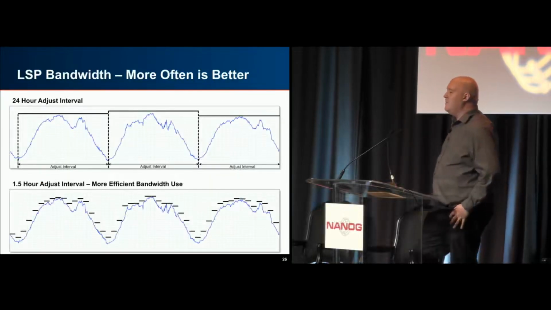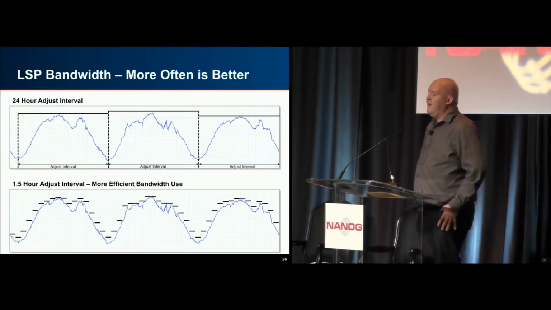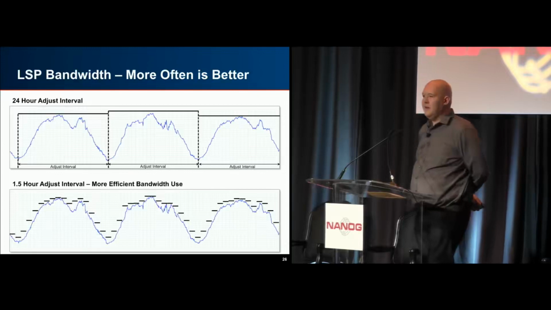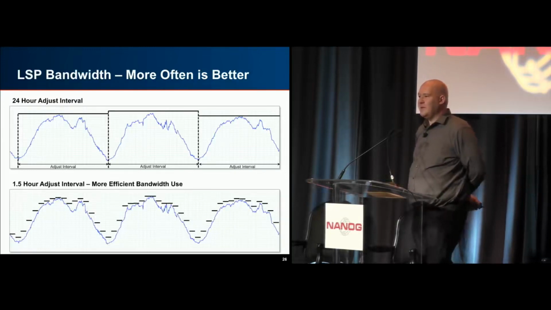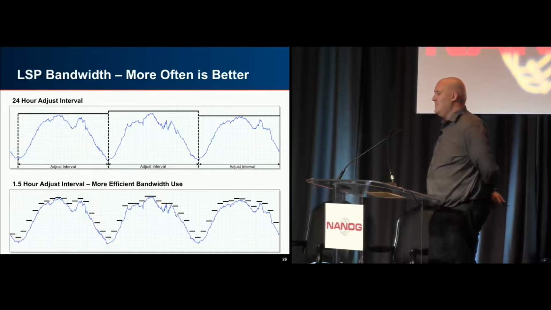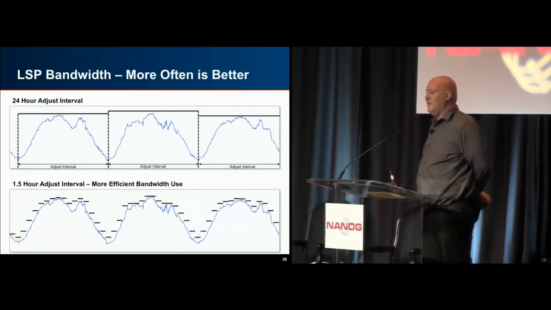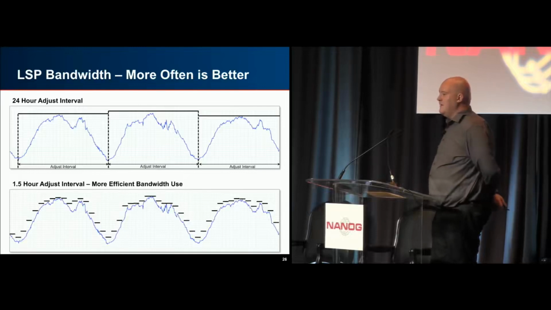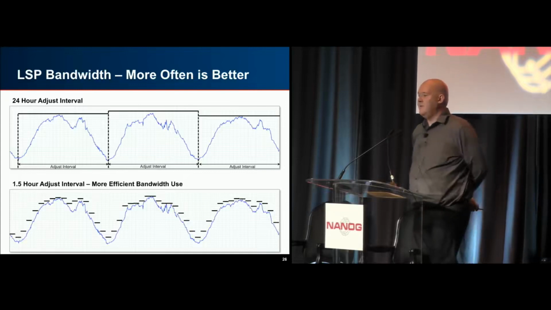So when we talk about LSP bandwidth, here's an example showing different adjust intervals and why a better sample is more useful. Here you see a 24-hour traffic pattern, and if all you do is try to guess what it's going to be at its peak over 24 hours, you can accommodate that, but you also see these giant gaps where at off peaks traffic is not using that, but you've reserved that amount of bandwidth anyway.